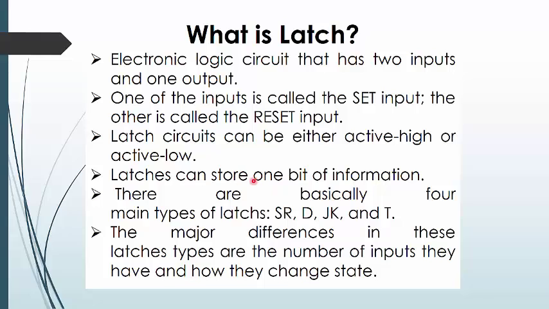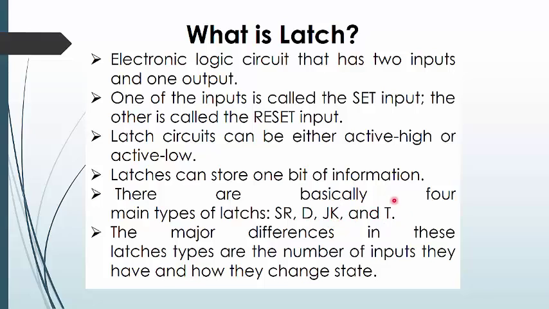Basically, there are four different types of latches, and these are defined based on their input values. If the inputs are set and reset, it is called an SR latch. If only a D input is present, it is called a D latch. If the inputs are named J and K, it is called a JK latch.